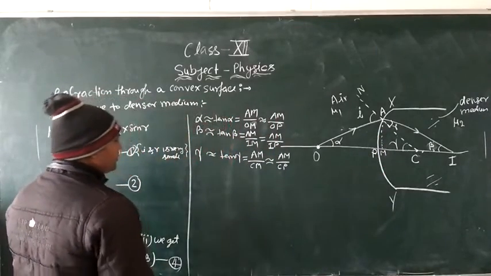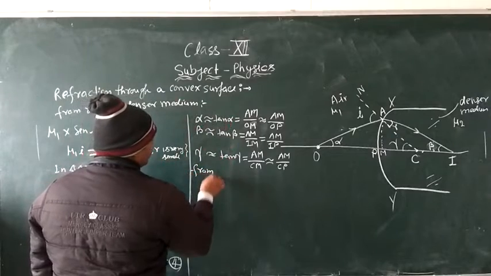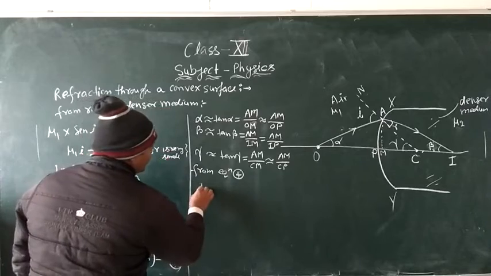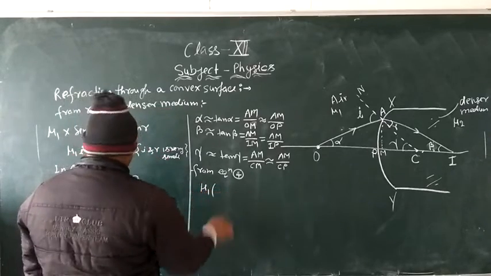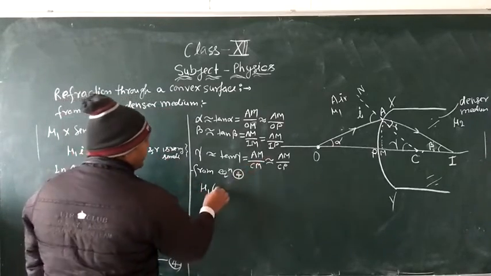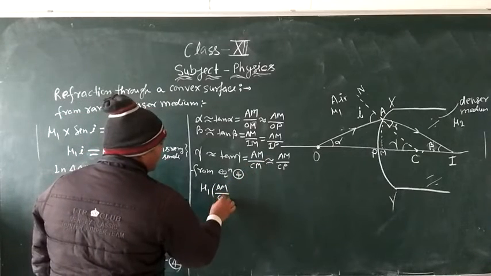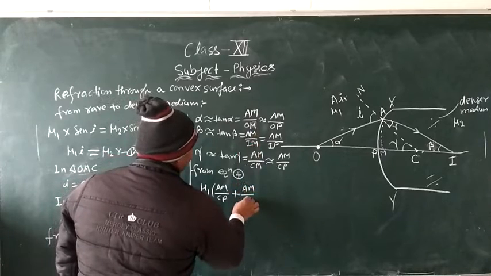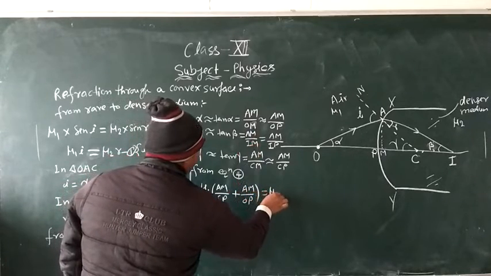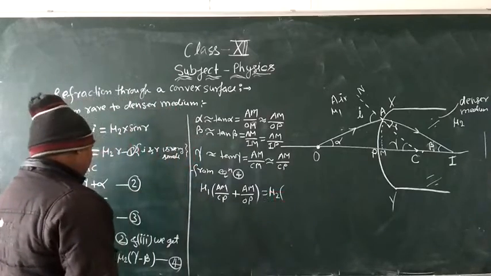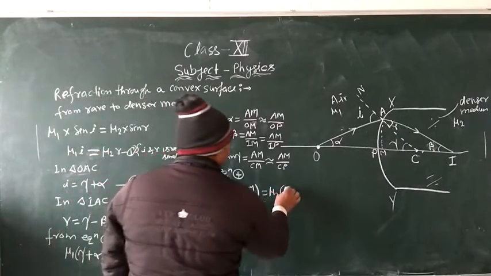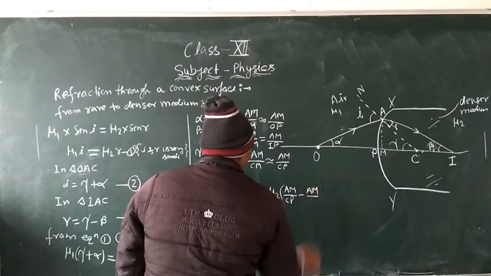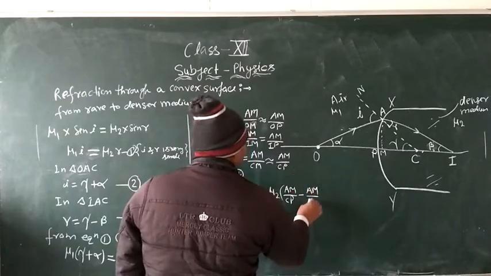From equation 4, mu1 times (AM upon CP plus AM upon OP) is equal to mu2 times (AM upon CP minus AM upon IP).